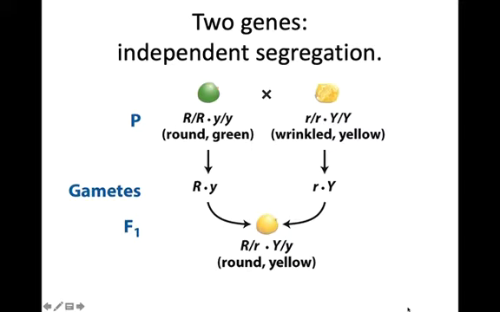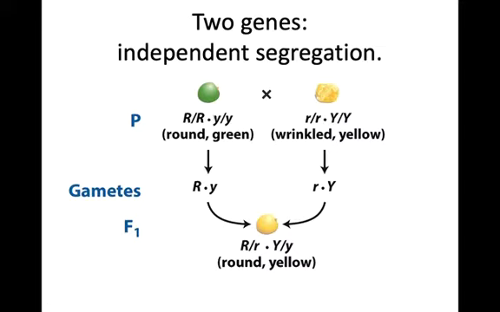And the significance of them being on separate chromosomes is that the segregation of one set of alleles from a given gene is going to be independent from the segregation of the alleles at the other locus, right? So you can take 2 P's. This particular kind is round and green.